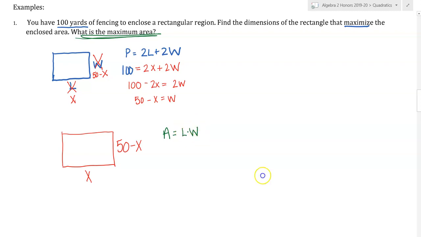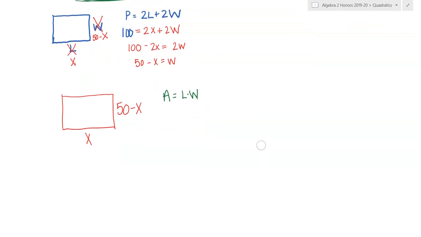So perimeter was 2 times length plus 2 times width, but area is length times width. So our area in terms of x is x times 50 minus x. And we can distribute that x and put this in standard form. That's not quite standard form yet, so I'm going to rearrange that.